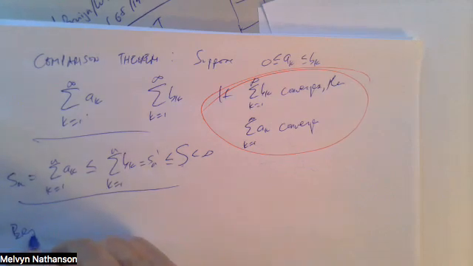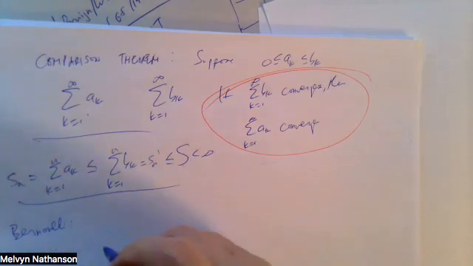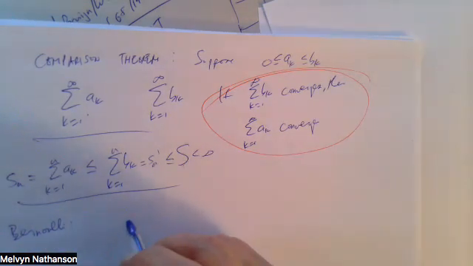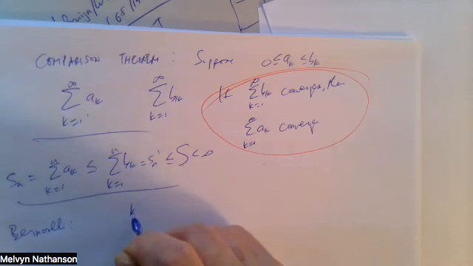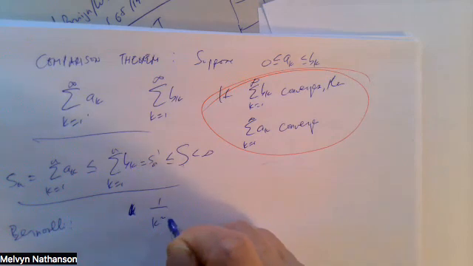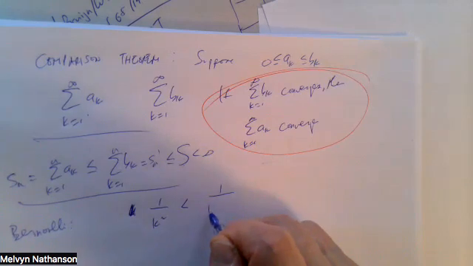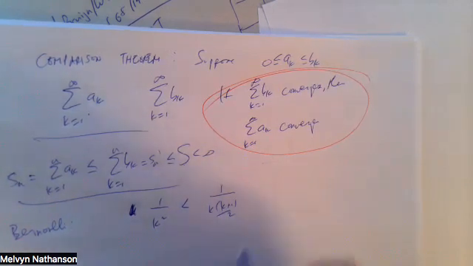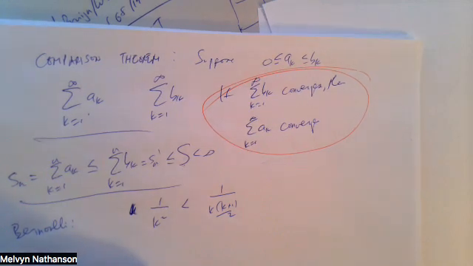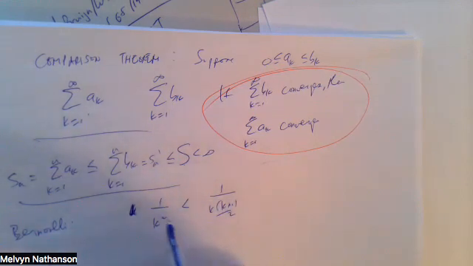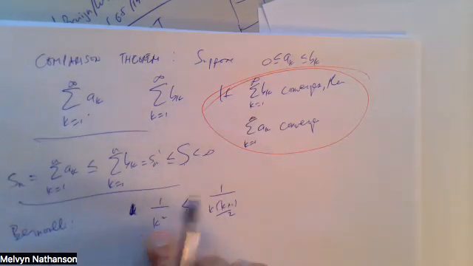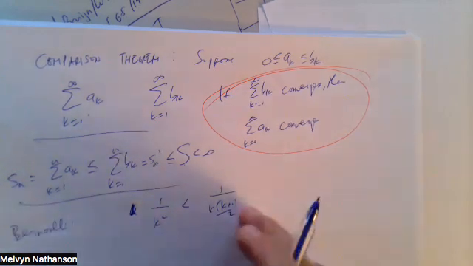So Bernoulli observed the following identity. For any positive integer k, 1 over k squared is less than or equal to 1 over k times (k plus 1)/2. Proof. Let's see. If we cross multiply, so if this fraction is less than this fraction, this denominator has to be bigger than this.